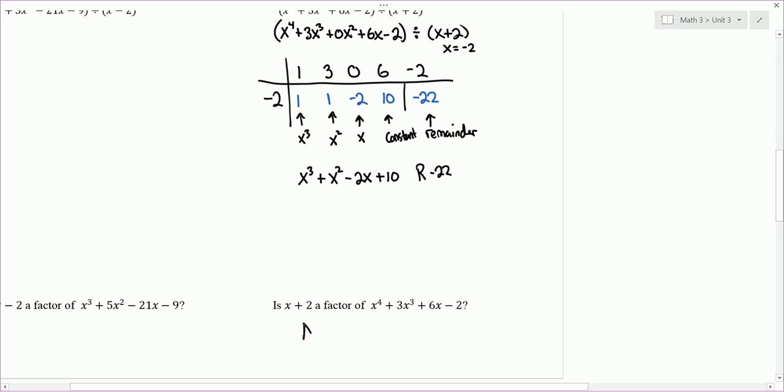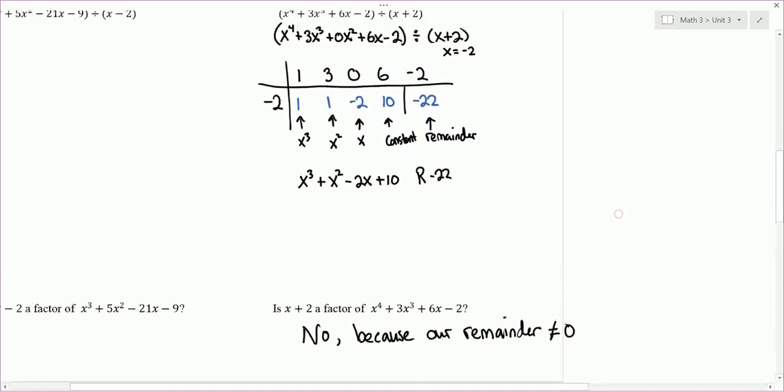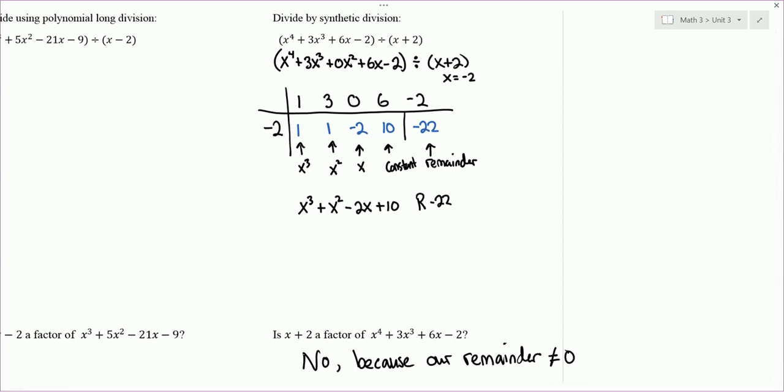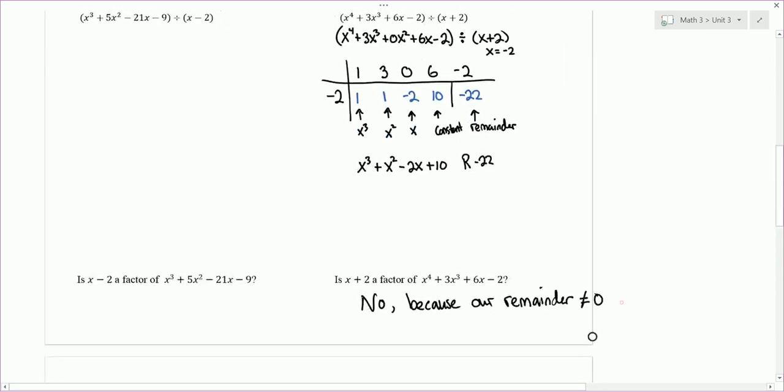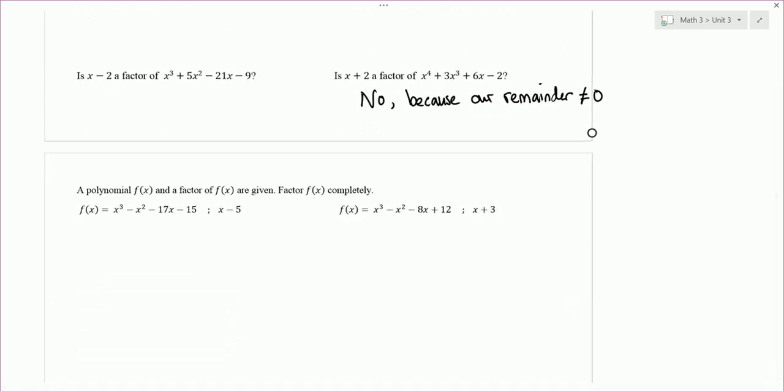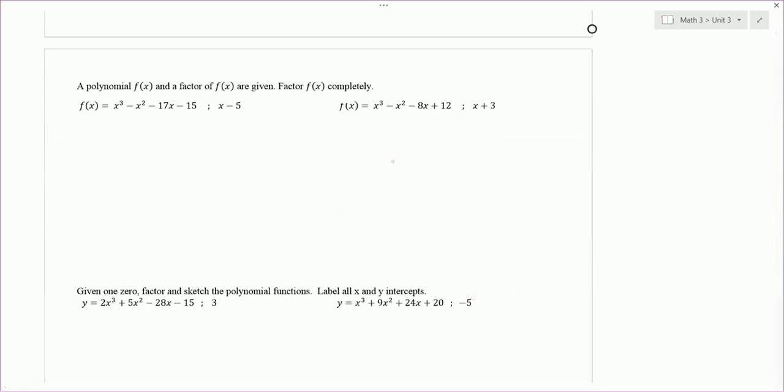Our answer is going to be no, because our remainder does not equal 0. We're going to be most interested when our remainder is 0, but it is important to know, if you have a remainder of 0, you're looking at a factor. If it's not 0, then it's not a factor.